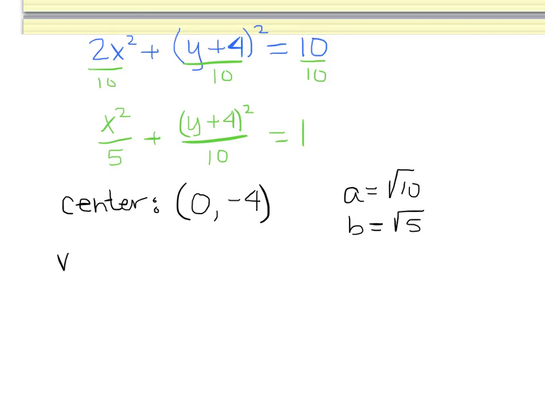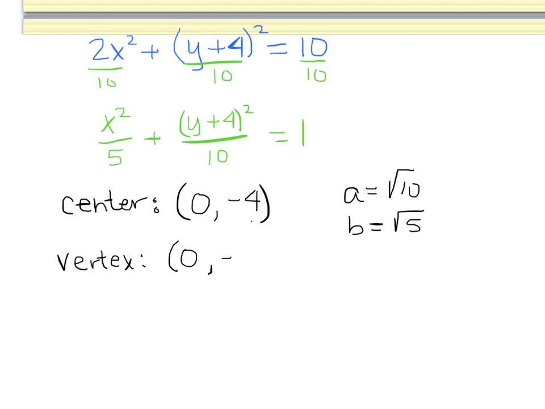Now, to find our vertex points, I know that I'm going to have to take the largest side length, which was the square root of 10, and add that to my y value. So I'm going to have 0, and this is going to give me negative 4 plus the square root of 10.